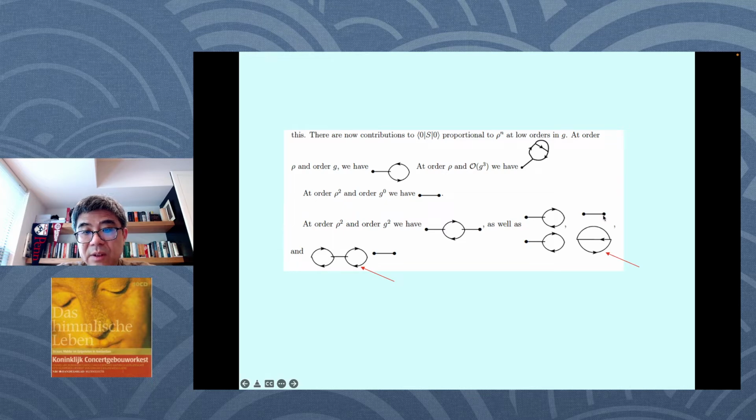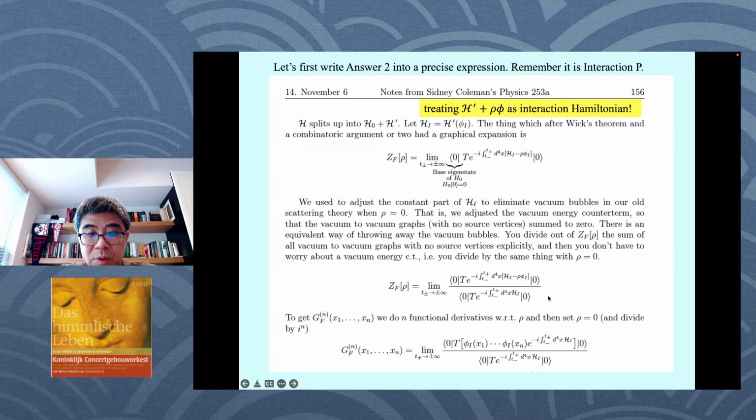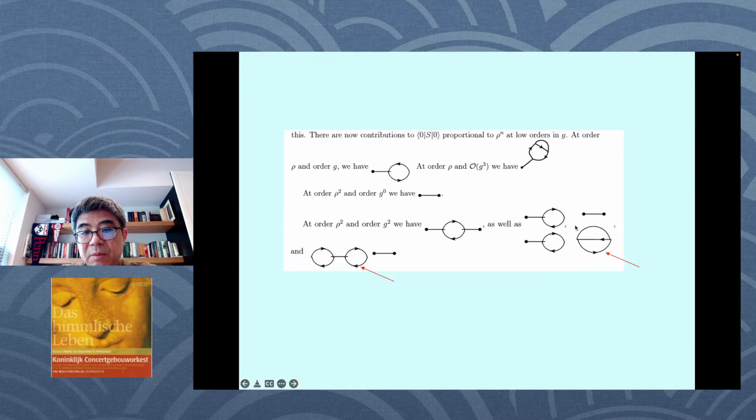In this diagram, you see that this part is not related to the source. We call it a vacuum bubble. That means something happens in the vacuum. It is going to happen anyway, whether you have a source or not. So this part, the vacuum bubble, is not related to the thing you want to calculate. Usually when we say we calculate with Feynman diagrams, these parts are excluded.